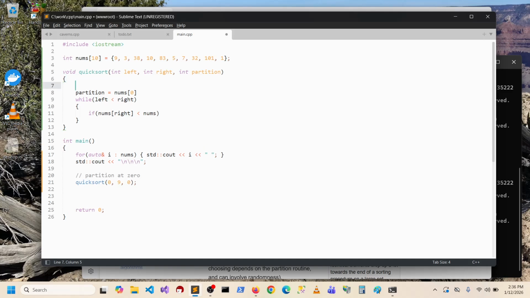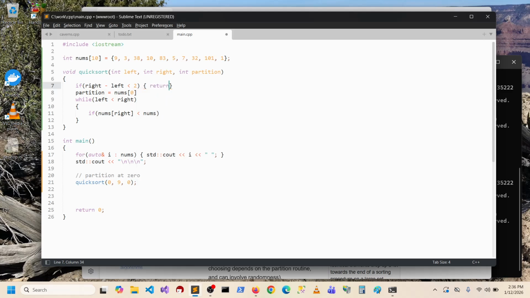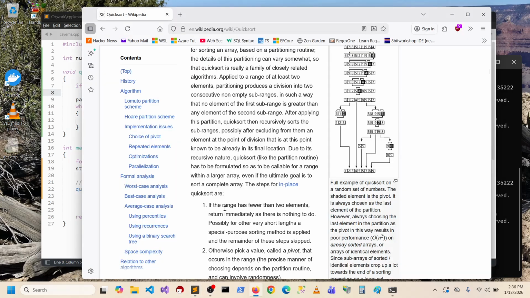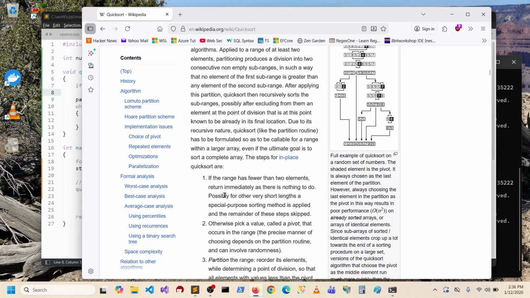Let's see if right minus left, less than, then return. So then we have blah blah blah blah. Okay. Pick a value, call it pivot.